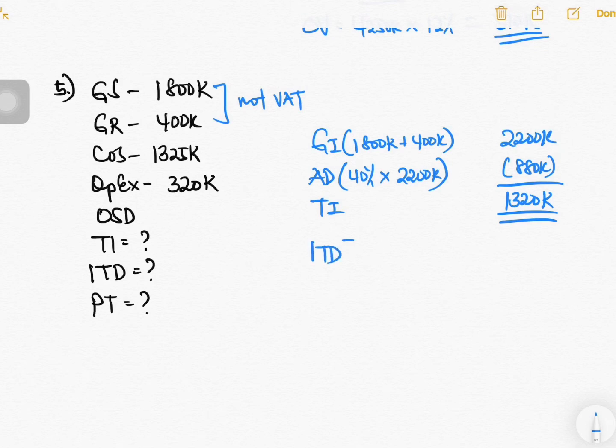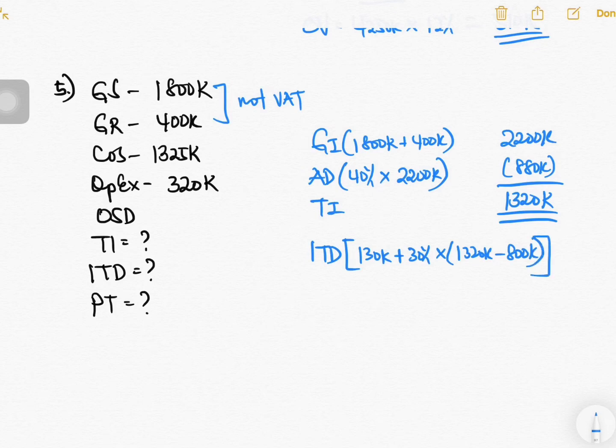For income tax due, refer to your tax table. You start with 130k plus 30% of your excess over 800k.